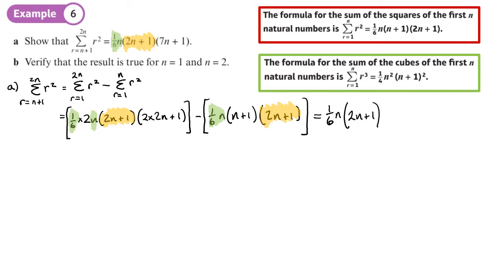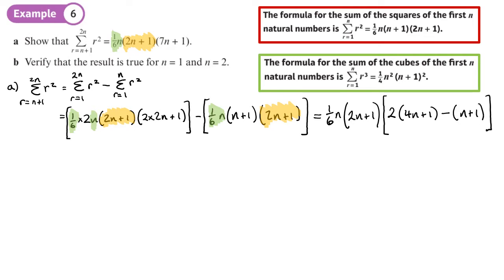Let's see what we have left. In the first bracket, what I'll have left is 2, and then 2 times 2n plus 1, which is 4n plus 1. So that's what's left after I take out those factors. So that's the first bracket. In the second bracket, I will only be left with n plus 1.